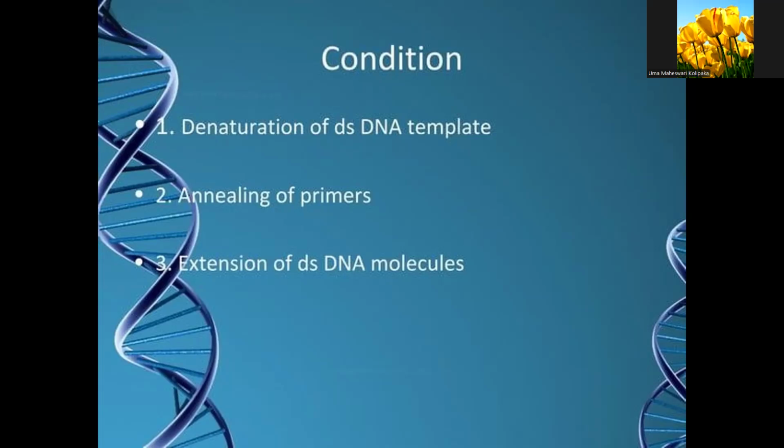The second step is annealing of primers, that is attaching of primers. The third step is extension of double-stranded DNA molecules. So briefly, the simple steps involved in PCR are denaturation, annealing and extension.